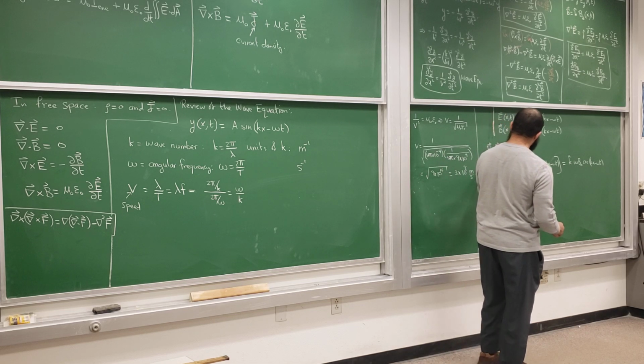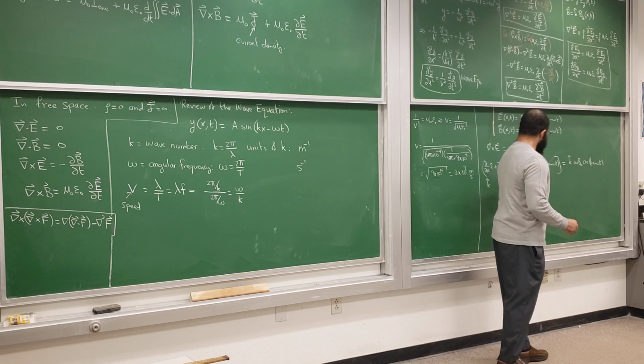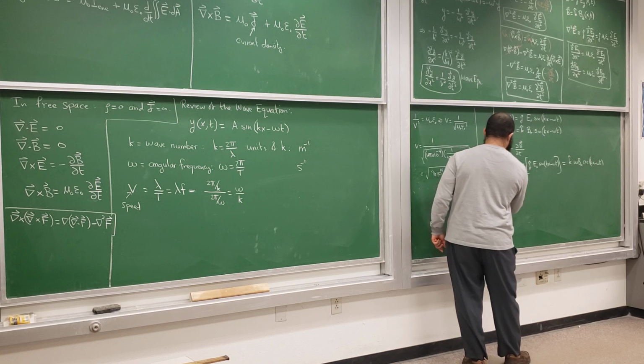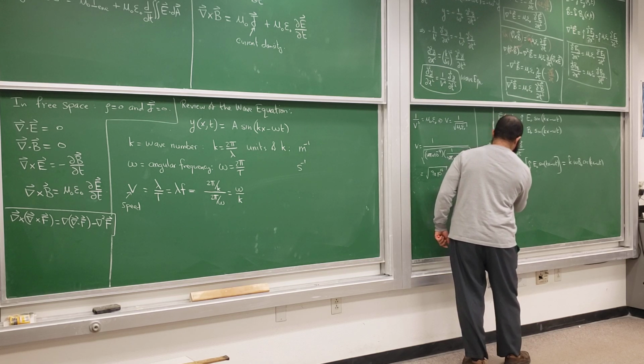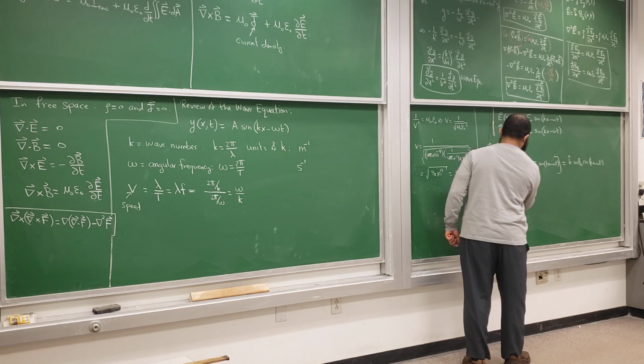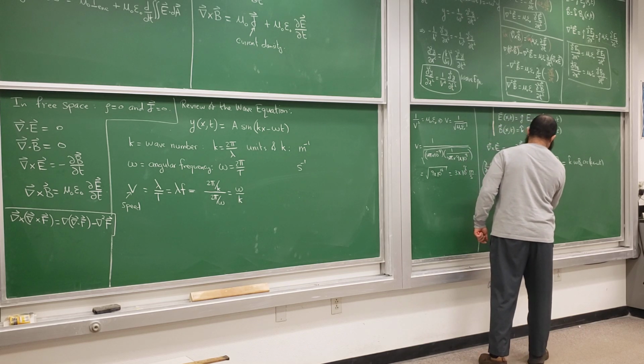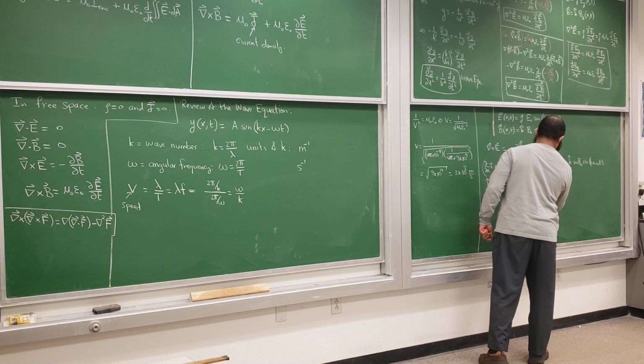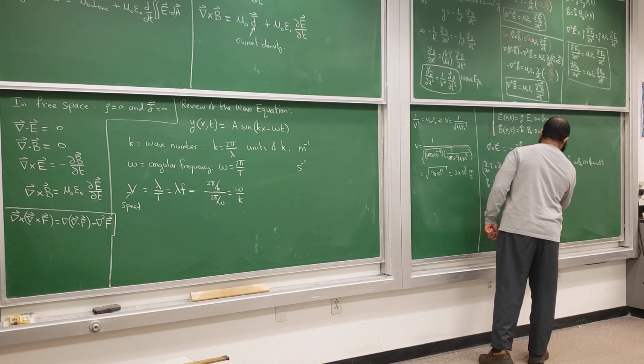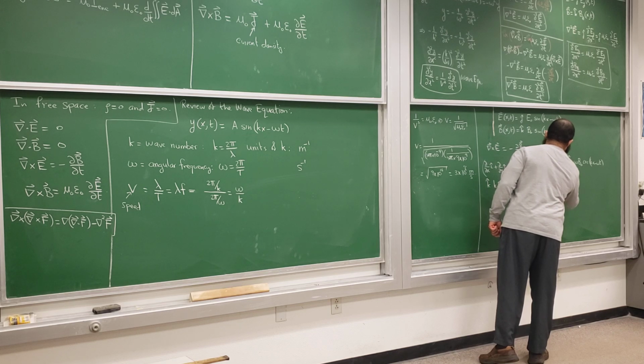Next is the derivative. The d/dx of this: when you take the derivative with respect to x, a k comes out, and this becomes a cosine. So we get k E naught cosine of kx minus omega times t equals k hat, and then omega B naught cosine of kx minus omega times t.